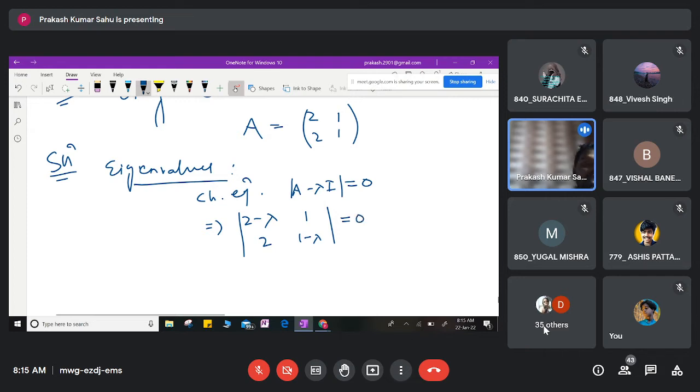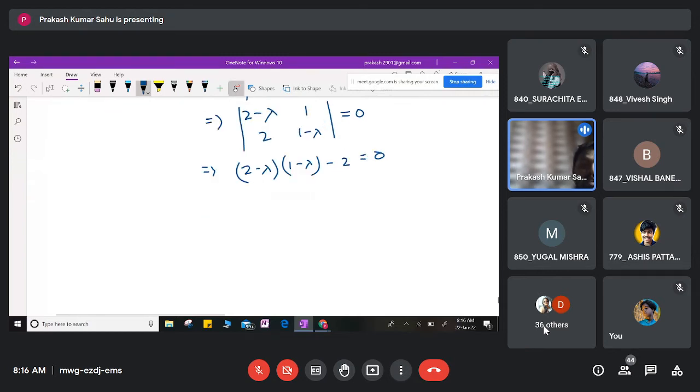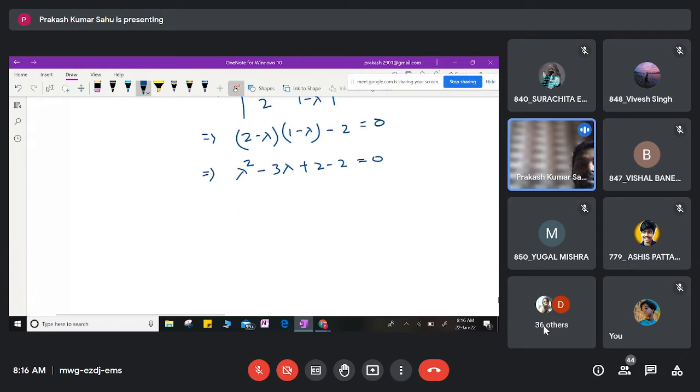That implies (2 minus lambda)(1 minus lambda) minus 2 is equal to 0. So lambda square minus 3 lambda plus 2 minus 2 is equal to 0. We can say lambda square minus 3 lambda is equal to 0. So lambda is equal to 0 and 3.